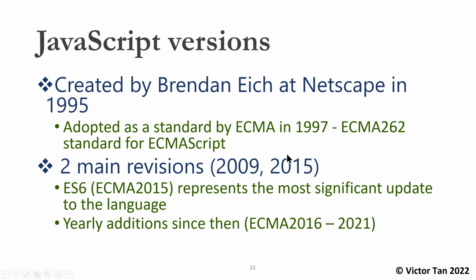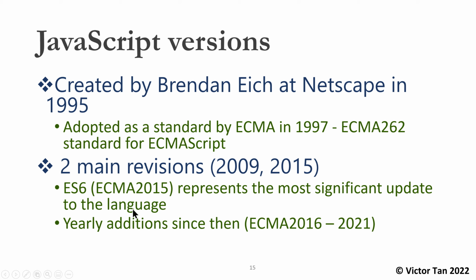That update was called ES6, and it represents the most significant update to the language to this point in time. So up to this point in time, when people talk about modern JavaScript, it is essentially ES6.